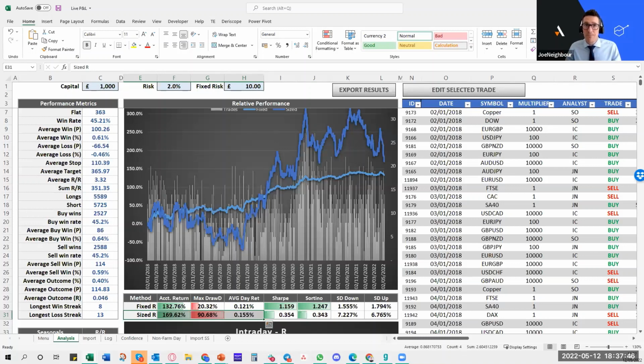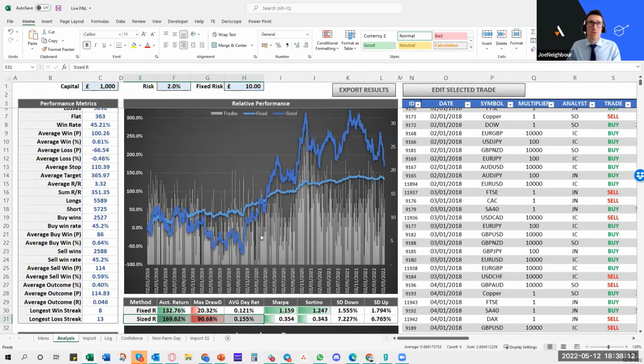But by doing that, yes, we've made money over the long term, but can you suffer that amount of drawdown? Emotionally, are you going to be able to deal with your account going 90% down before it then starts to go up? So these are things you need to consider. We've got a perfectly good strategy here, an approach to the markets, but if we start risking too much, we run the risk of doing all sorts of emotional damage and causing possibly financial damage that we can't get out of.